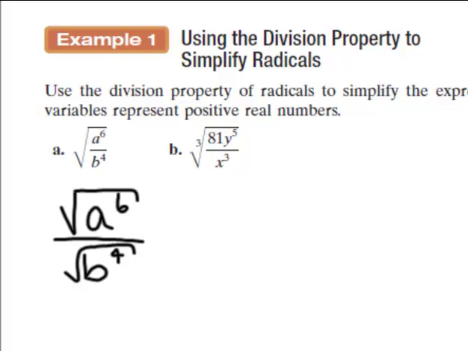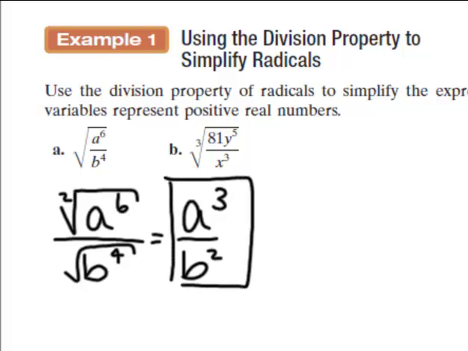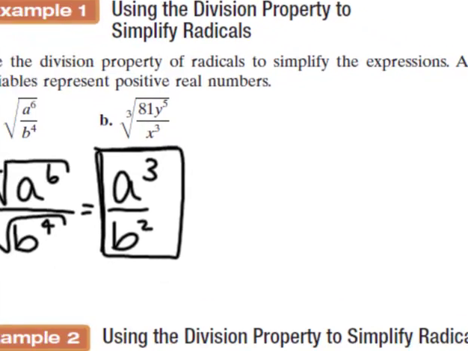So now we can take the square root of both of these. Remember, this is a 2 out here, so you need groups of 2 to leave. A to the 6th can make 3 of those groups, and b to the 4th can make 2 of them. And then we can't simplify this, but it's totally okay to have fractions as long as there's no radicals involved.